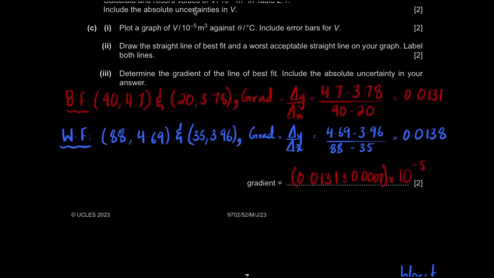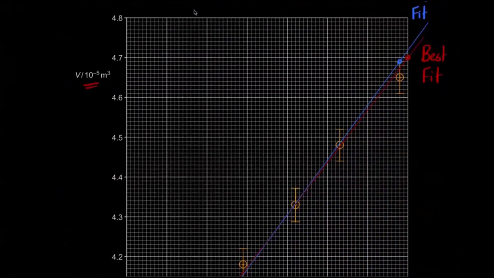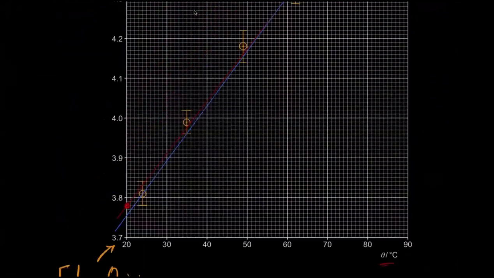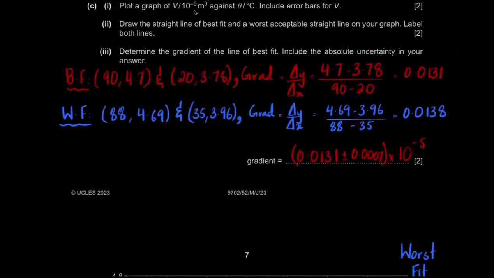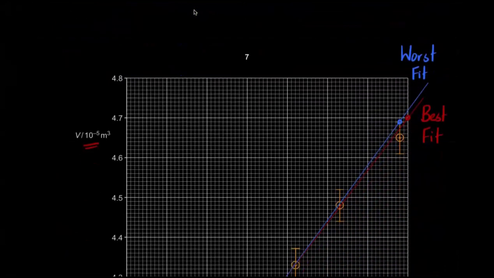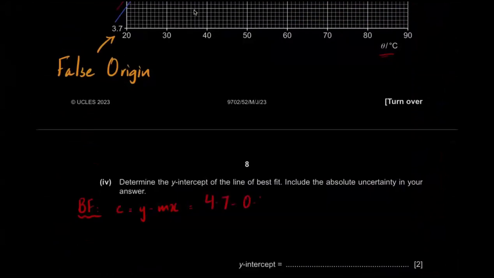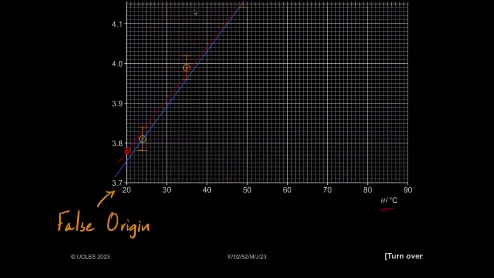The gradient was 0.0131. And I pick up a point. So what was my y here? So let's do 4.7 and 90. So 4.7 is my y minus the gradient, which was 0.0131 times the 90, right? That's what I was getting.